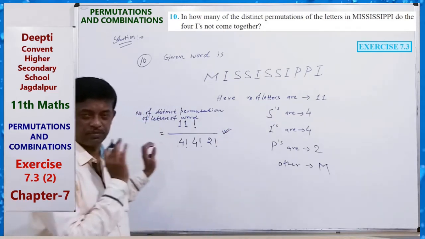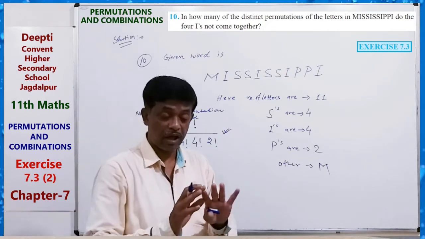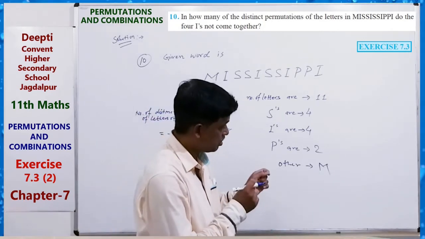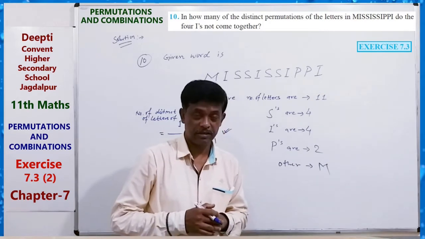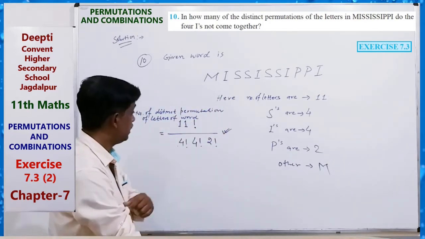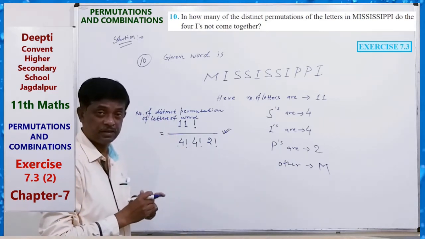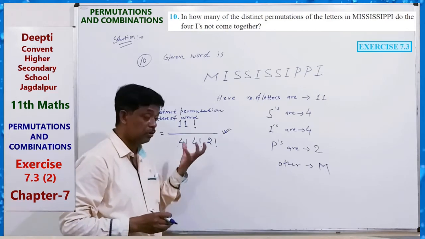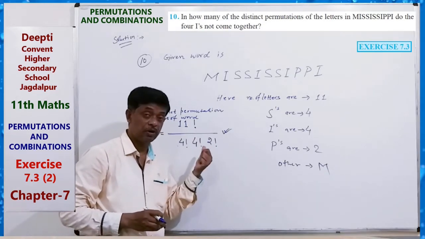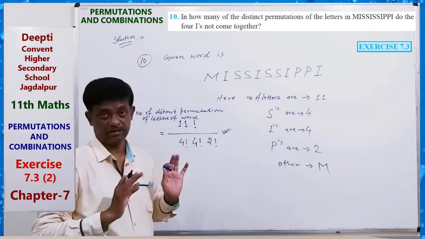Clear? Distinct permutations. And 4 I's are not to come together. Okay, suppose first of all, in this permutation, all those arrangements are also involved in which the I's are together.